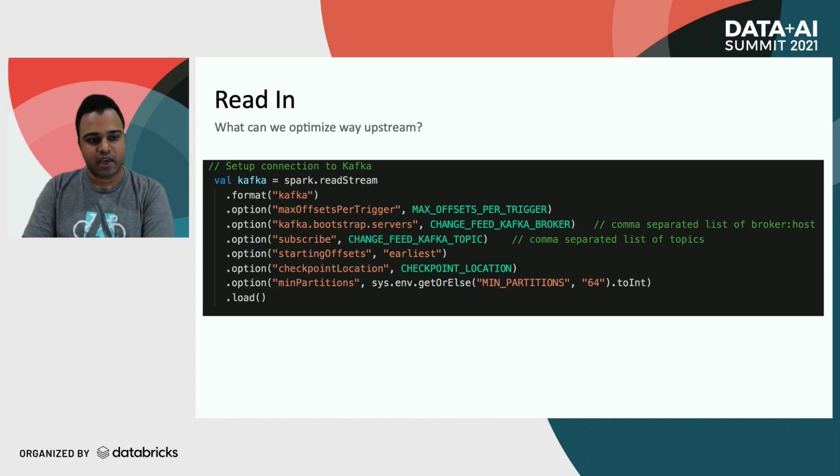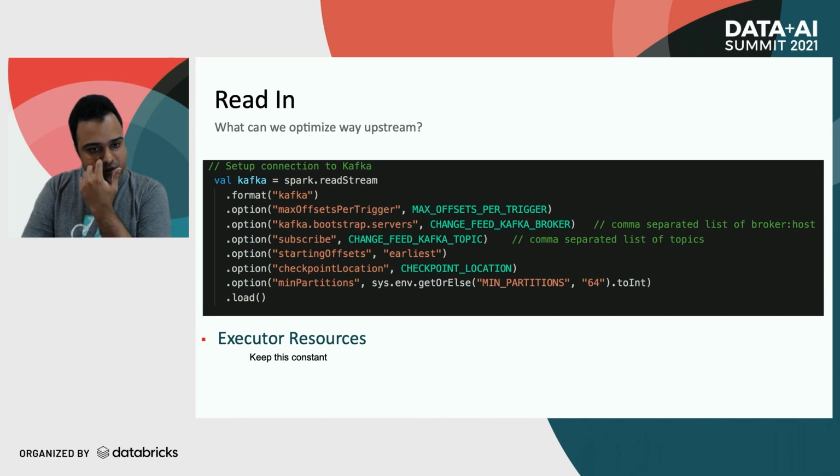So here we have an example, a read stream from the Kafka topic. You can see the format of Kafka indicating how Spark should figure out what to read and where to read from. We specify a lot of things like the bootstrap server, subscribe, the topics to subscribe from, etc., as part of the normal configuration.